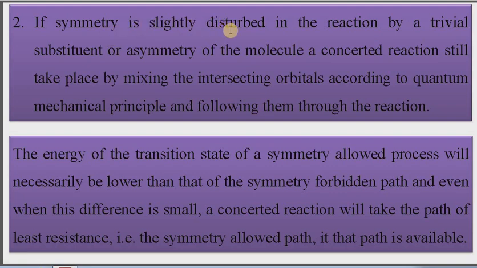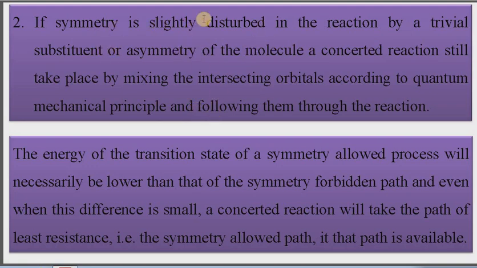If symmetry is slightly disturbed in the reaction by a trivial substituent or asymmetry of the molecule, a concerted reaction still takes place by mixing the intersecting orbitals according to quantum mechanical principle and following them through the reaction.